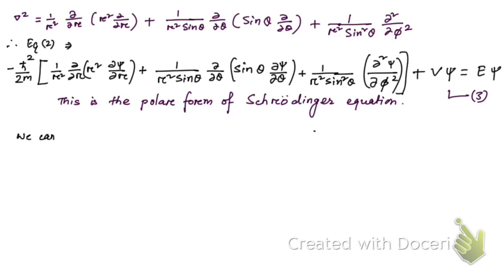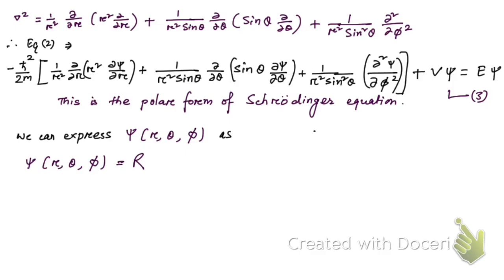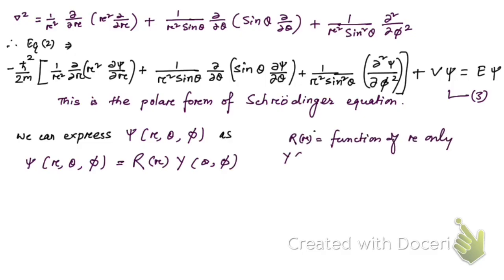Now we can express this wave function phi, which is a function of r, theta and phi, all three, as a product of two functions. Capital R is a function of small r, and capital Y is a function of theta and phi. So this is a function of r only, and this is a function of theta and phi both.